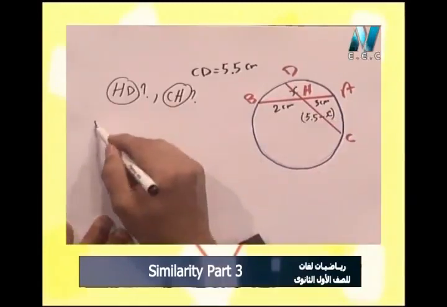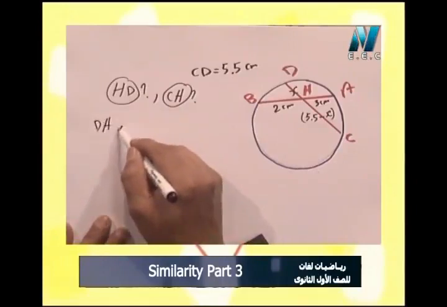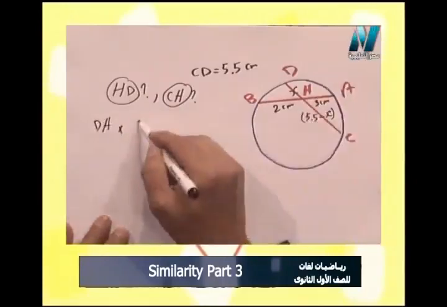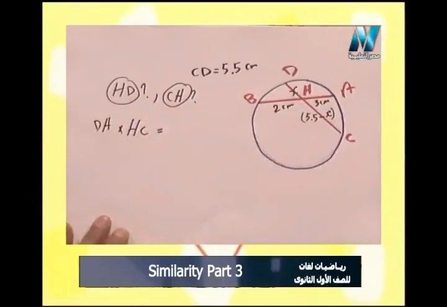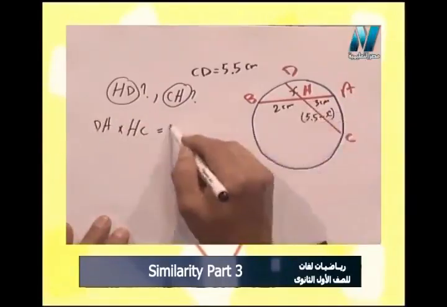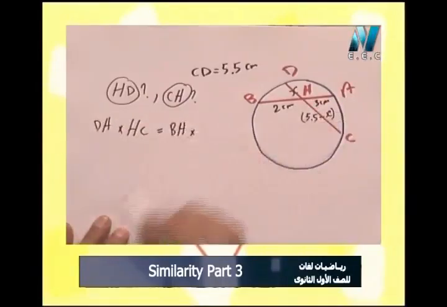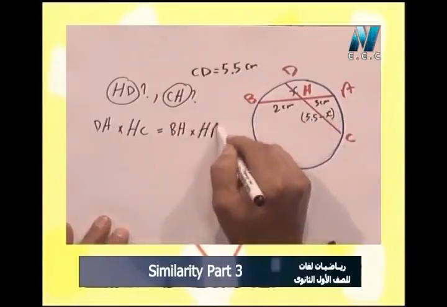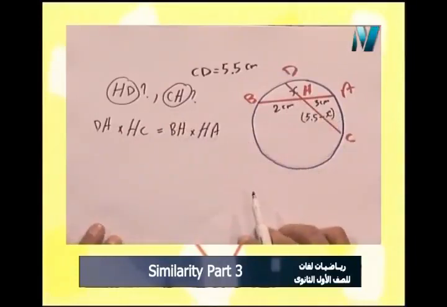We have here DH multiplied by HC will be equal to BH multiplied by HA. Okay, put the numbers.